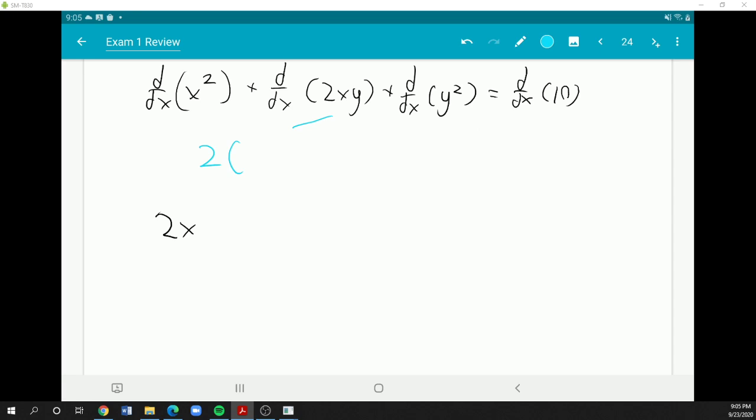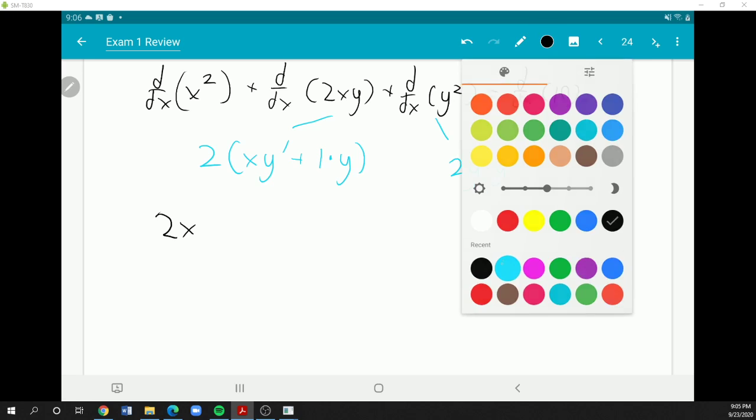And that's product rule because x is a function of x and y is a function of x. So I have first times the derivative of the second, x y prime, plus derivative of the first times the second, which is 1 times y. And while I'm at it, more implicit differentiation, y squared goes to 2 times y by the chain rule, times the derivative of y, which is y prime.